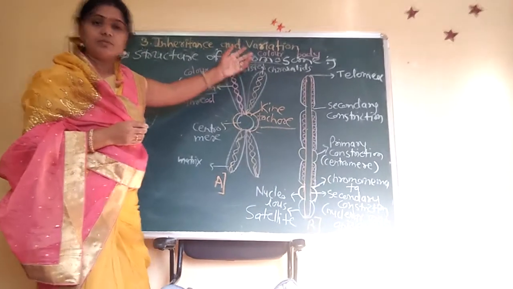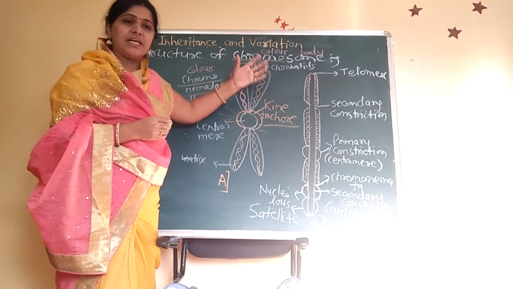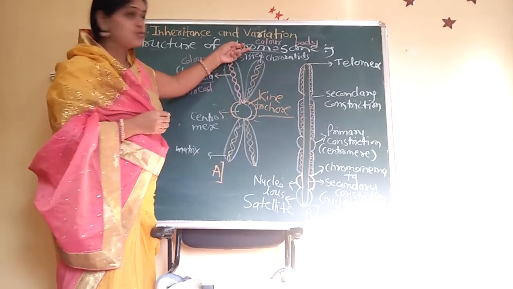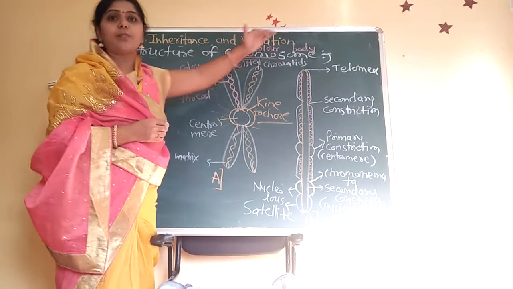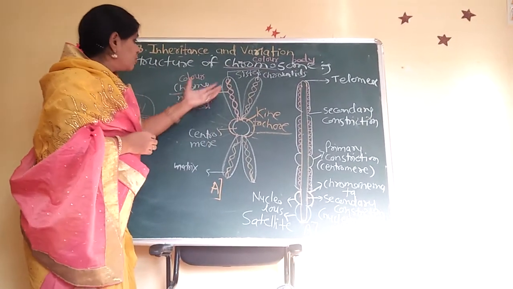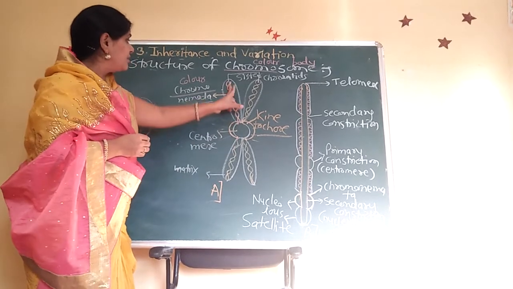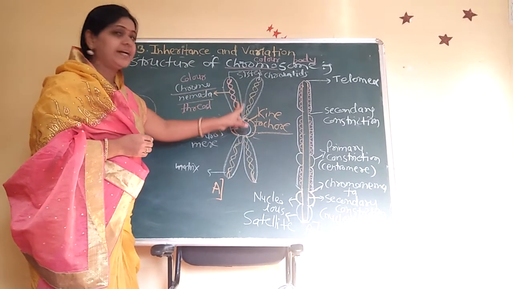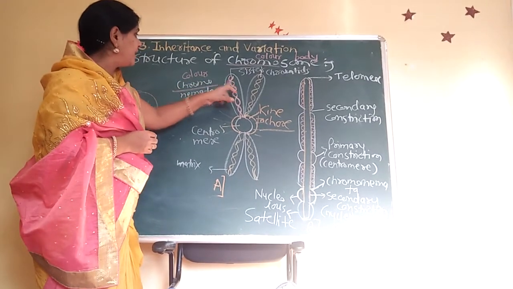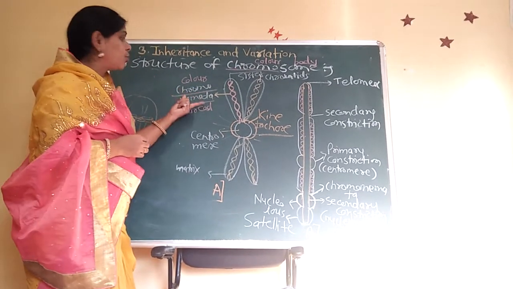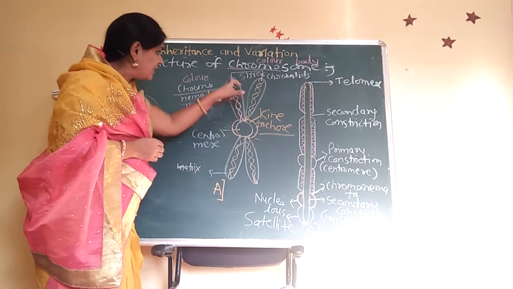Color bodies: when cells are stained, the chromosomes take up the stain, that's why they are called color bodies. And when chromosomes are stained, this part of the DNA which appears colored is then called chromonemata. It is actual DNA.